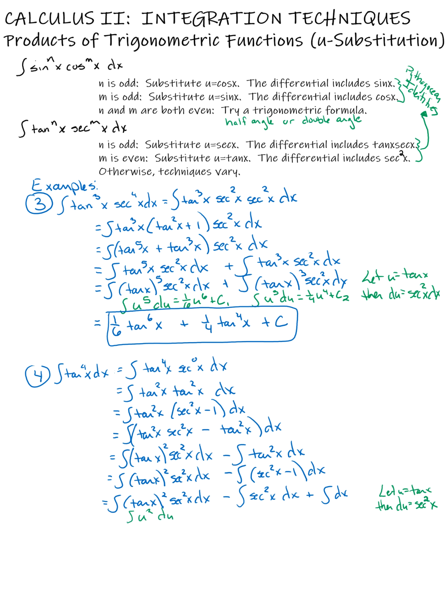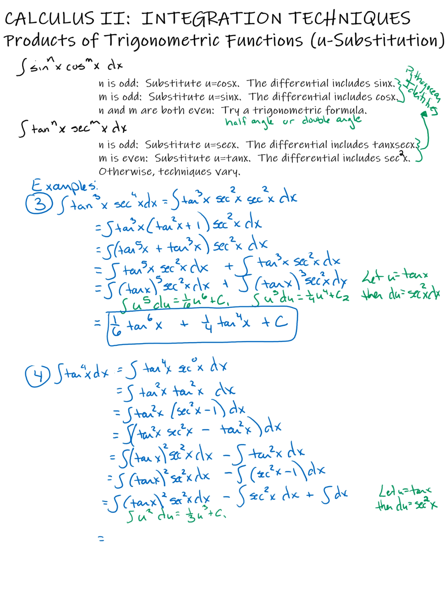Of course, if we integrate u squared du, that's u cubed over 3, or 1/3 u cubed. Of course, there is a constant that I'm going to add, but I won't add it until the very end with the other two integrals. So here we go. Back to x's. I'm going to integrate tangent of x, parentheses squared, times secant squared x dx.